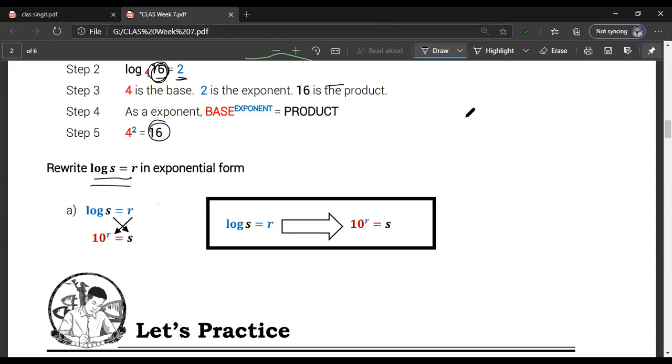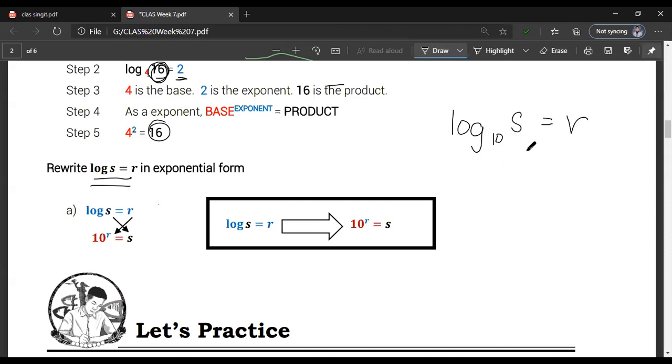So kapag walang base, ano ang base? 10. As I said earlier, if walang base, technically meron base yon which is 10. Tandaan yun ha. Kapag logarithm lang, base 10 yun agad.